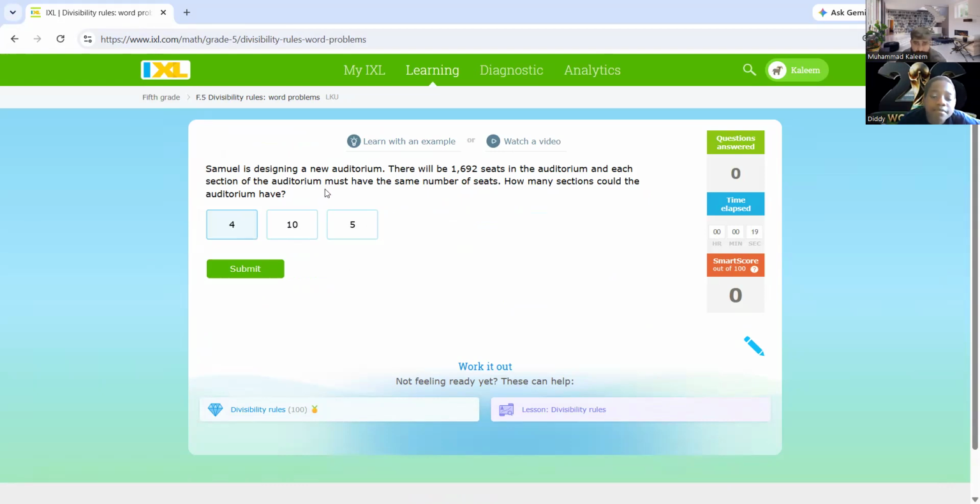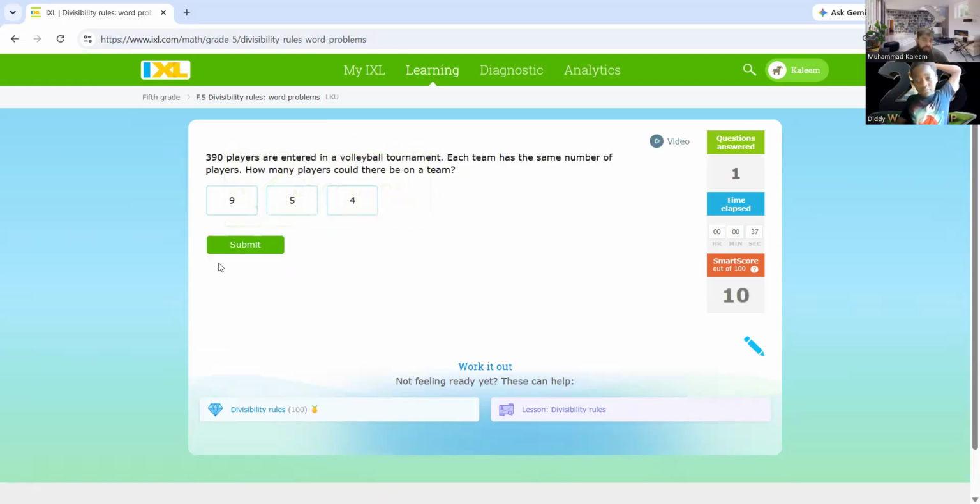There will be 1,692 seats in the auditorium, and each section of the auditorium must have the same number of seats. How many sections could the auditorium have? Not 10, not 5, so obviously 4. Why? Because 1,692 seats cannot be divided into 10 equal parts. And these seats also cannot be divided into 5 equal parts.